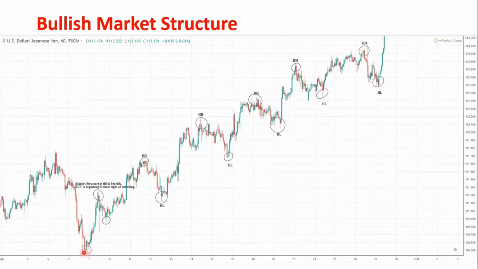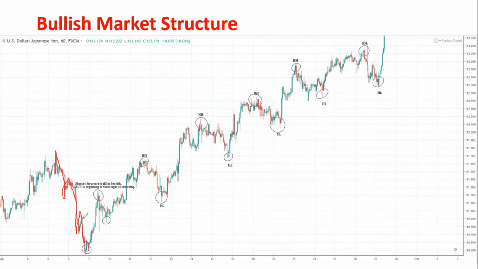Let's look at this zone here. The market is at this low here, and this market moved up to this high here. As you can see, previously the market was moving from this high, it came to this low, then went to this high, came again to this low, went to that high, came again to this low here.